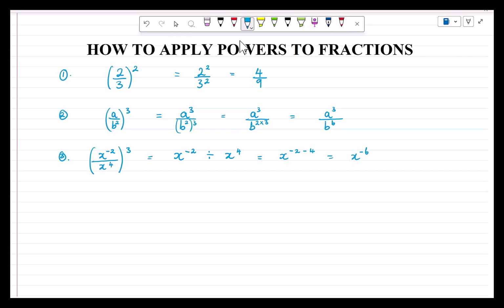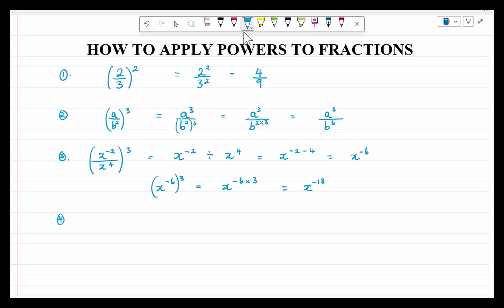Now that we have x to the power of negative 6, we can then raise it to the power of 3, which is equal to x to the power of negative 6 times 3, and negative 6 times 3 gives us negative 18. Hence our final answer would be x to the power of negative 18.